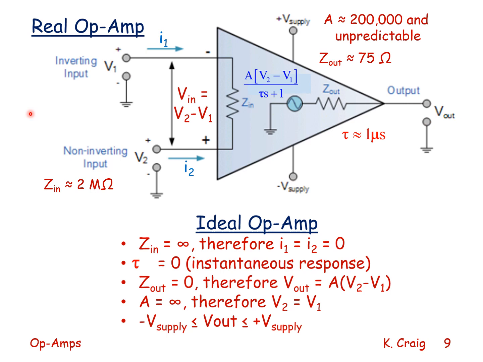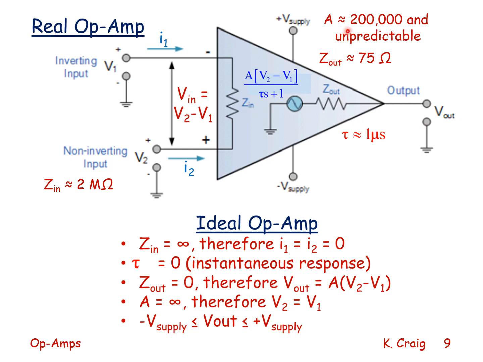Here is a schematic of a real op amp with our non-inverting input V2, our inverting input V1, Vin is defined as V2 minus V1, our input impedance, which is approximately 2 megaohms, an output voltage with a transfer function equal to A times (V2 minus V1), or Vin, over (tau S plus 1).